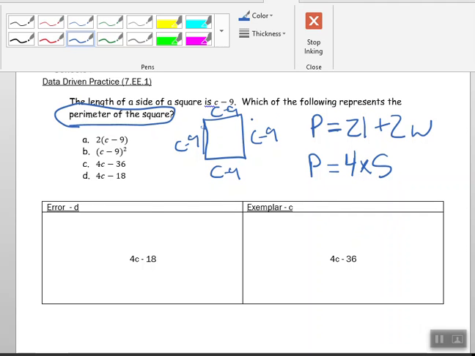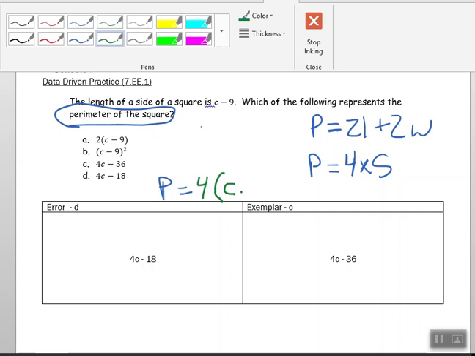In this case, I'm going to say my perimeter is equal to, let me erase this just so I have some room here. My perimeter is equal to 4 times c minus 9, because this represents the 4 sides and this represents one side.